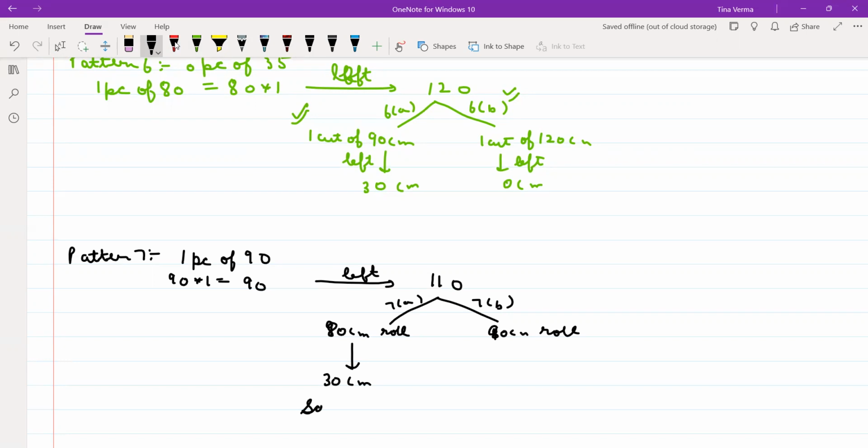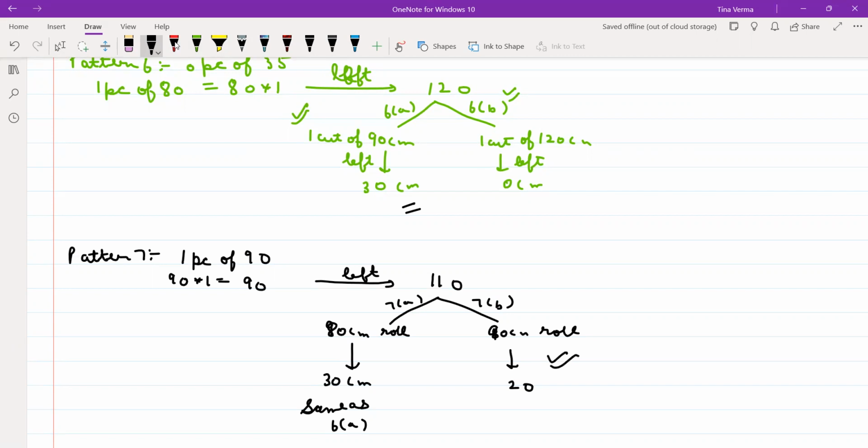This is the same as this pattern, that is your 6A. And if you do it like this, 110, and if you cut one roll of 90 centimeter, you will be left with 20. This you have not discussed, that you have cut 2 rolls of 90 centimeter, 0 rolls of 35, 0 of 120.